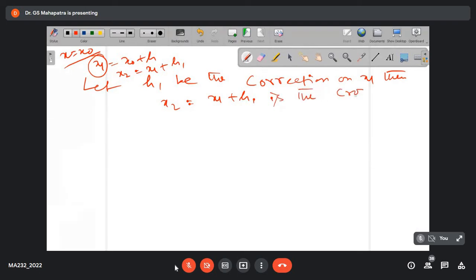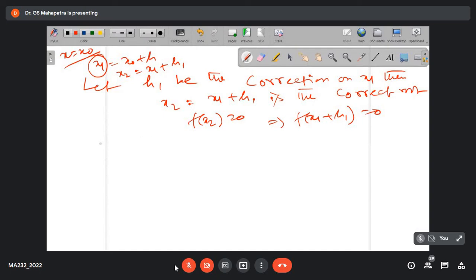If it is the correct root, what is the equation? f of x2 is 0. That implies f of x1 plus h1 equals 0.